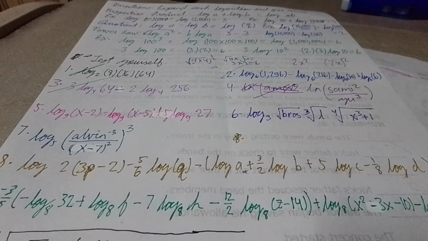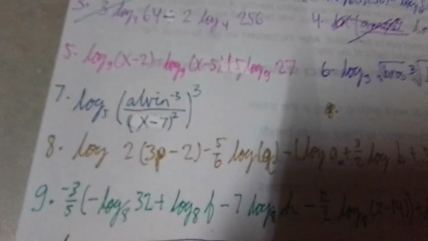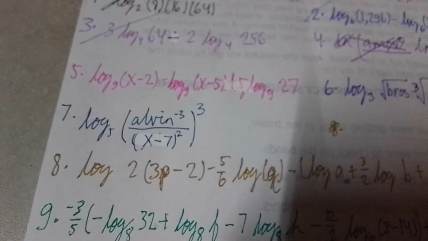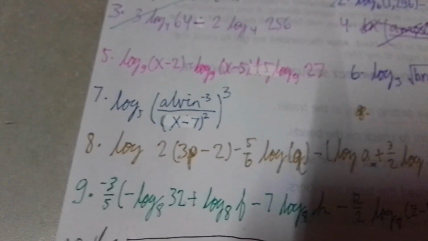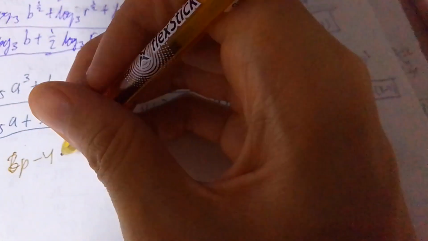But first, let's distribute. So therefore, we have log of 2. And remember, this one implies product law. Because you remember, this is being multiplied together, so you have to take that as one group. So therefore, this becomes 6p minus 4. That's the first one.